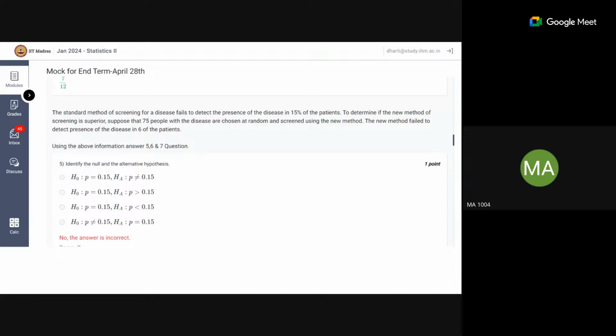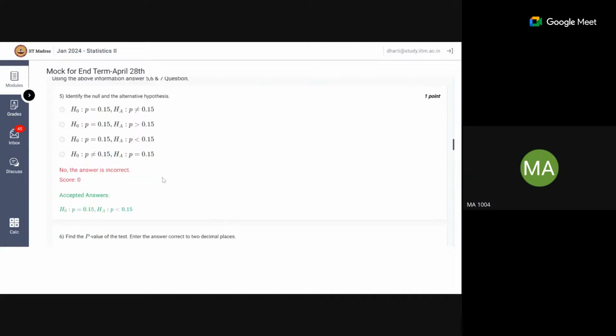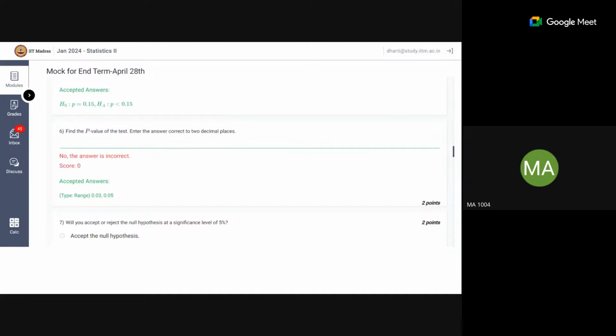To determine if a new method of screening is superior, 75 people with disease are chosen at random and screened using the new method. The new method failed to detect presence of disease in 6 of the patients. Identify the null and alternative hypotheses. Find the p-value of the test.